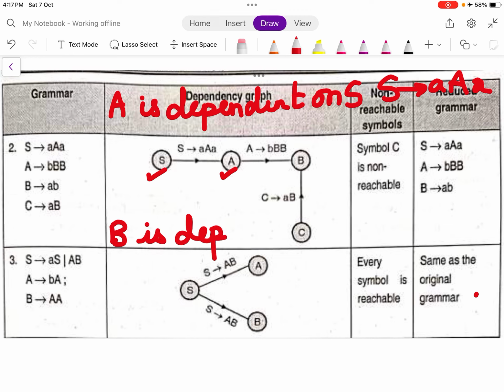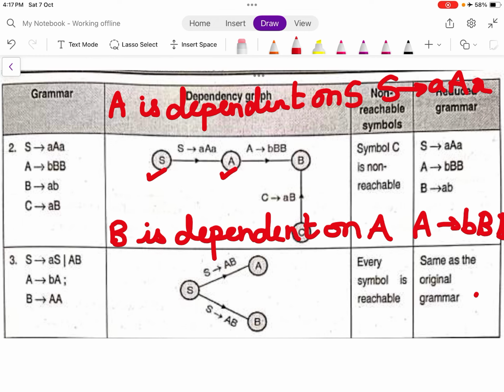How do you get this? A gives B. And A is dependent on S. How do you understand this?